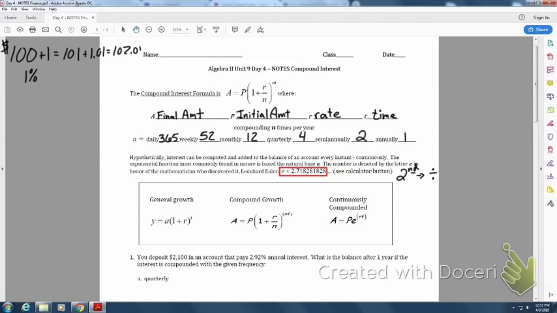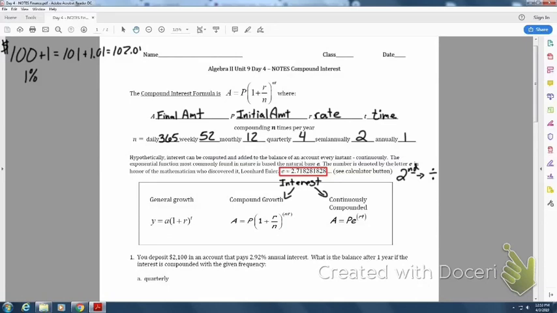So here are the main three formulas that you're going to use. All right, now you need to know when to use them. If you have a problem that has the word interest in it, you're going to use one of these two formulas. Okay?